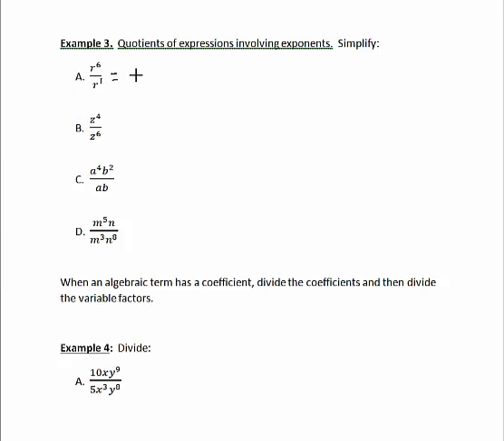We don't want two r's, we only want one r, and so we'll keep the one on the top. Why do we keep the one on the top? Because it has the larger exponent 6. We move the 1 to the top and we subtract it. So r to the 6th divided by r becomes an r to the 5th power.